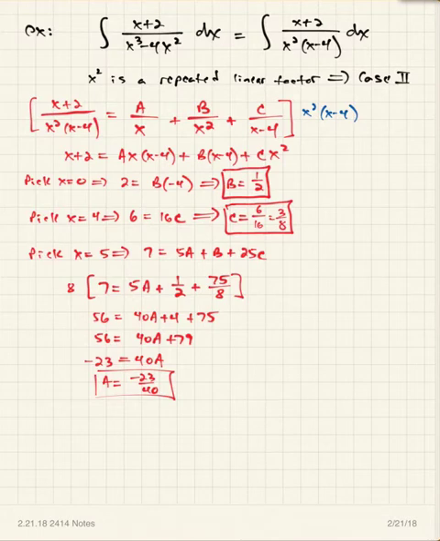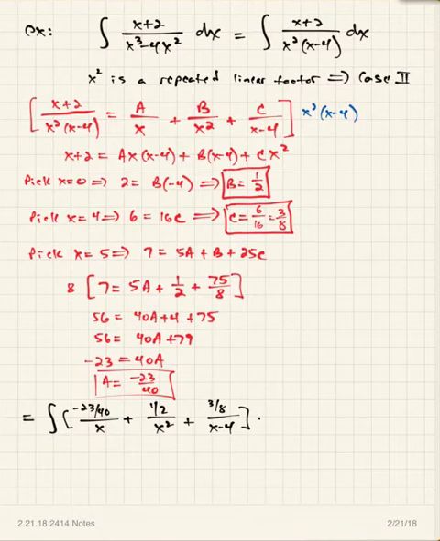All right, and so now I'm ready to do the decomposition. I can now rewrite my integral as a over x, so this is negative 23/40, which is just a constant, so it has nothing really to do with the problem too much, plus b, which is 1/2 over x squared, plus c, which is 3/8 over x minus 4, dx.